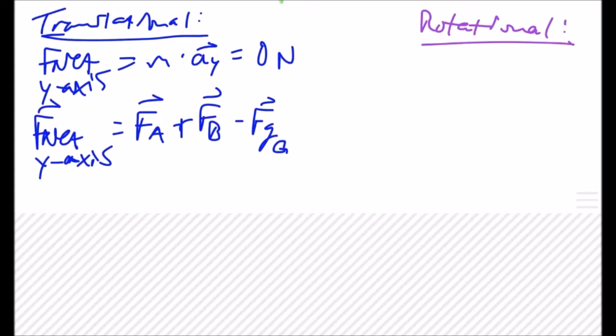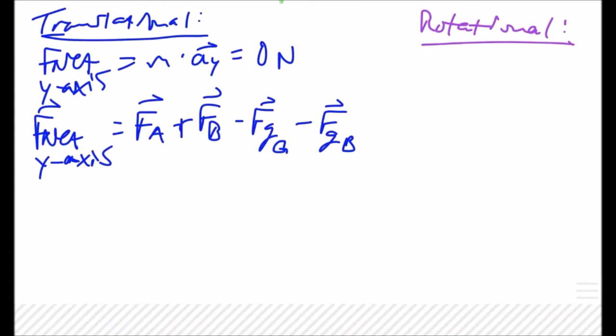Oh, on the person. Okay, so force of gravity on the girl. What else? Good. Minus the force of gravity on the bench. Okay. Now what do I do? Set them all equal to each other, okay?